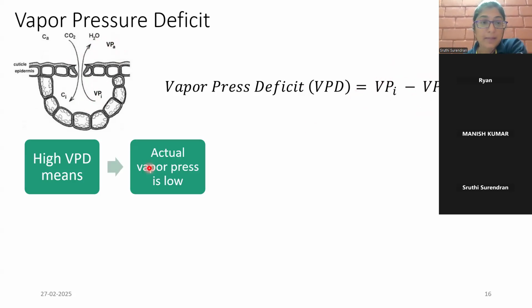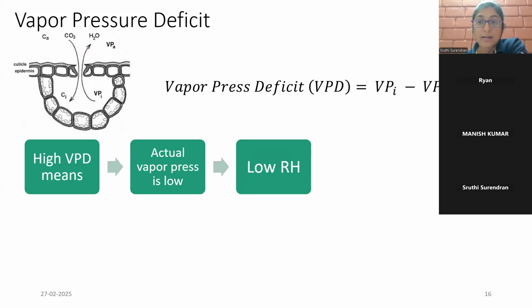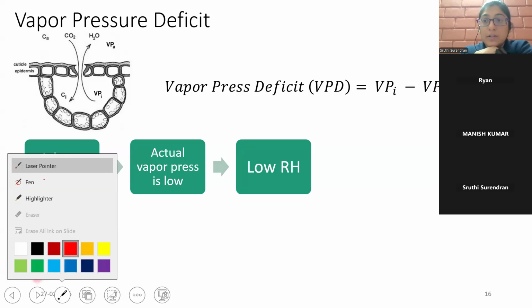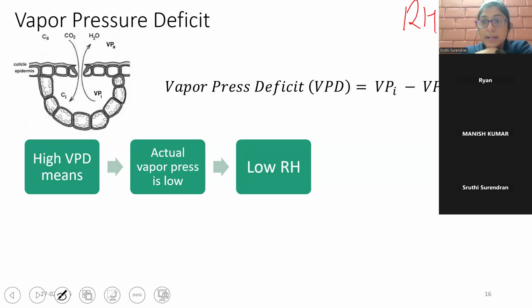High VPD means the actual vapor pressure is low, and this corresponds to a low RH, because we know the relation between RH and actual vapor pressure.